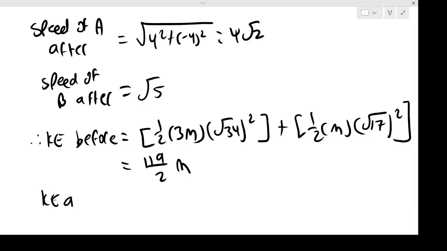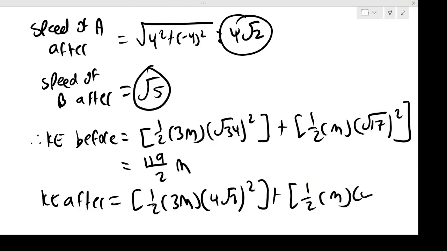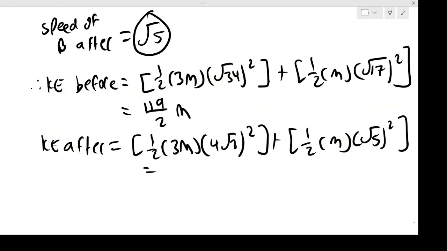Then afterwards, well, again, it's going to be half lots of 3m for the mass of A. Then the speed of A afterwards is 4 root 2. We need to square that. And then for B, it's half lots of m, and then it's going to be root 5 squared. Okay, and again, if we now simplify that, we get 101 over 2 m there.